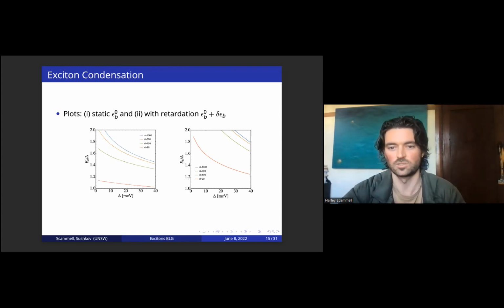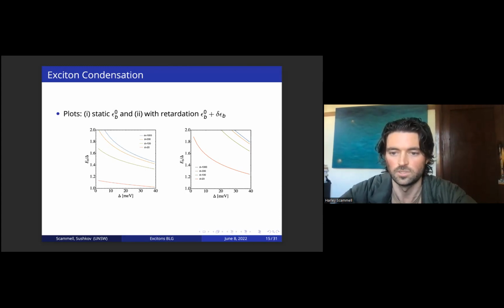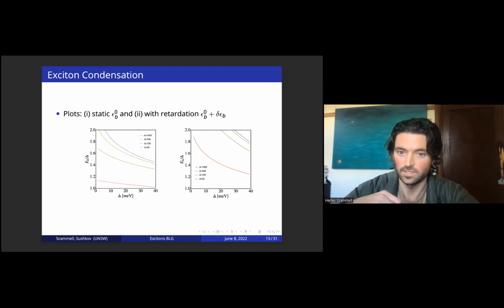So let's purely look at the right-hand side, because this is the more elaborate calculation. When we're at large delta, let's just choose a particular curve, let's choose red. When we're at larger delta, the binding energy is less than 2 times delta, so we're in the band insulator phase.